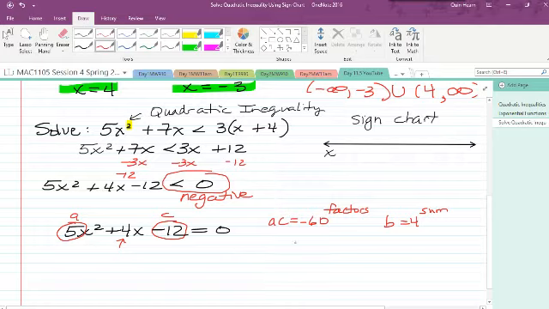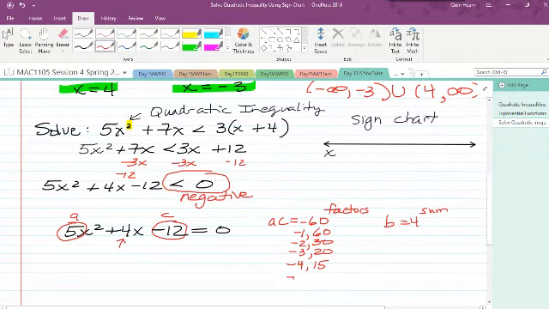Let's go ahead and do it. Otherwise, you can use the quadratic formula if you don't like this approach, but either one will work. I would be looking for pairs of factors of 60, like -1 and 60, and they would have to add up to a positive, so it would be the smaller number that would be negative. -1 and 60 add up to 59, so that doesn't work. -2 goes in 30 times, that adds up to 28, so that doesn't work. -3 goes in 20 times, which adds up to 17. -4 goes in 15 times, which adds up to 11.